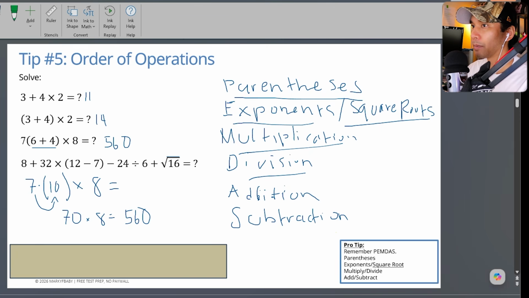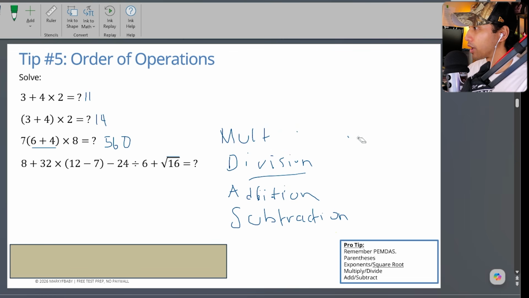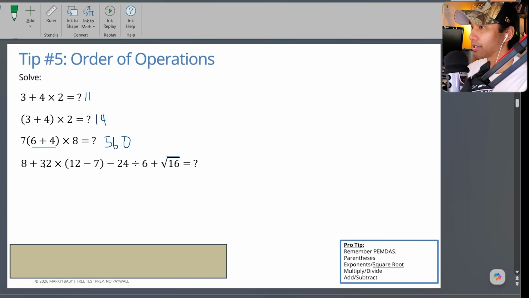Okay, perfect. Now we have kind of a monster next, and I will need all the room that I could get. So I'm going to erase everything. Hopefully you have memorized PEMDAS. So we have 8 plus 32 times 12 minus 7 minus 24 divided by 6 plus 16. And did this fix? Oh, it did. Nice. It fixed it.